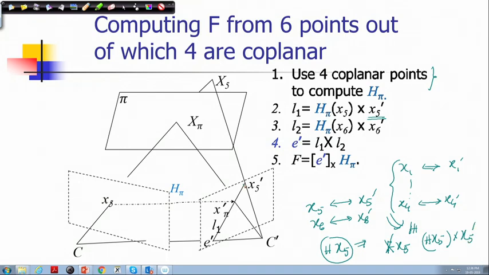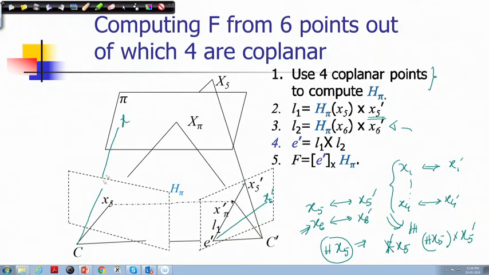This is x 5 prime, and this is the plane induced homography point, so they will form an epipolar line. In the same way, using the other point you form the second epipolar line. So, you get x 6 prime; this is x 6, and it may be somewhere else, not here.